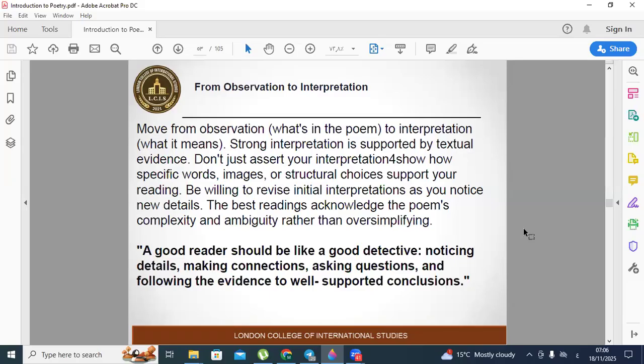It's better to say this poem seems to explore tensions between X and Y than to claim this poem definitely means Z, when the poem resists simple summary. This slide quotes that a good reader should be like a good detective, noticing details, making connections, asking questions, and following the evidence to well-supported conclusions.